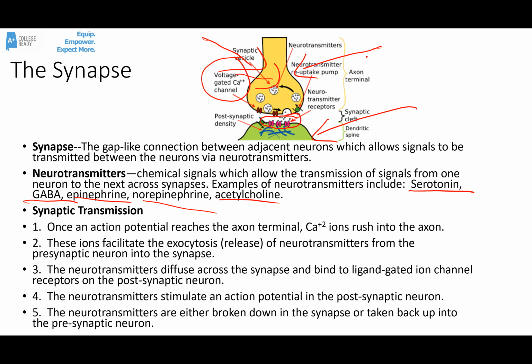Usually these are ion channel receptors. And once those neurotransmitters bind to them, they cause the ion channels to open, causing an influx of usually sodium ions into this postsynaptic neuron, and that starts the action potential in that neuron. So that's the way the action potential is transmitted from the presynaptic neuron to the postsynaptic neuron.